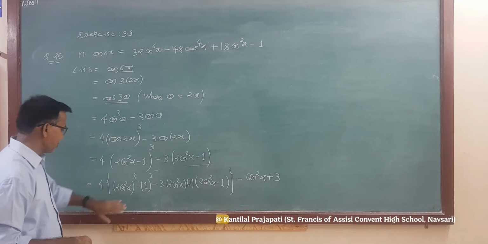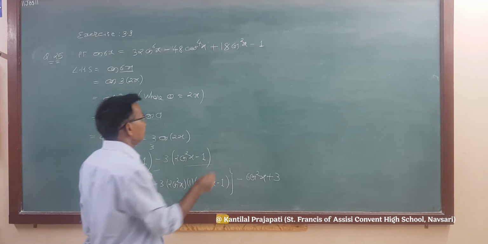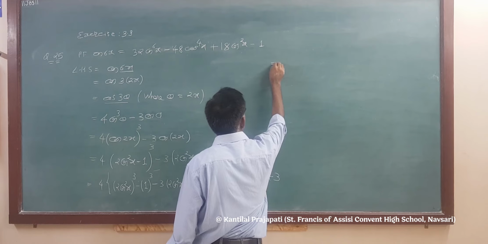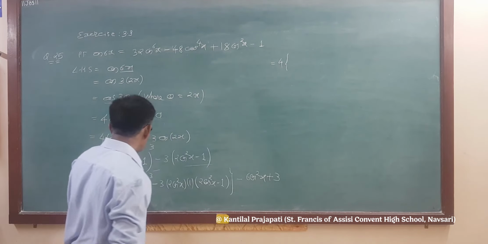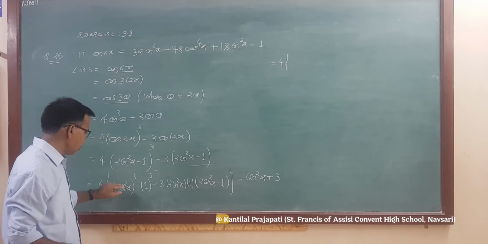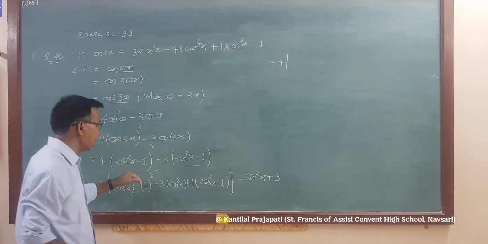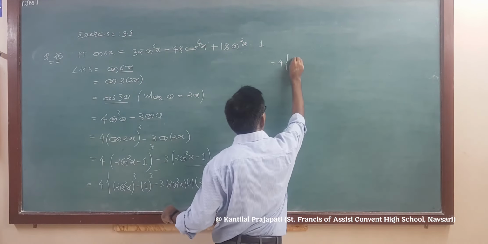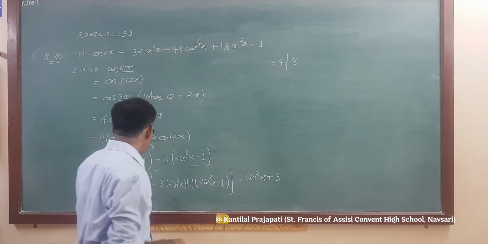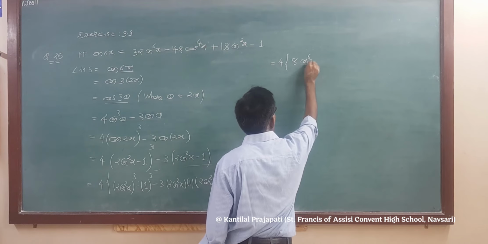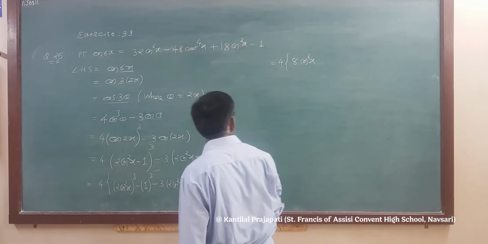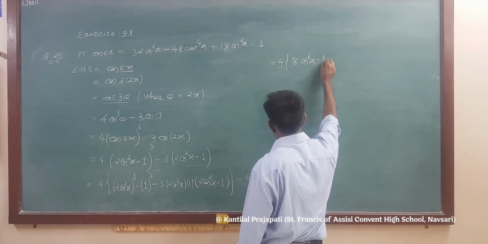Now simplify this. It is equal to 4 into bracket (2 cos square x) cube, that 2 cube is 8, and cos square cube is cos raised to 6x, minus 1 cube is minus 1.